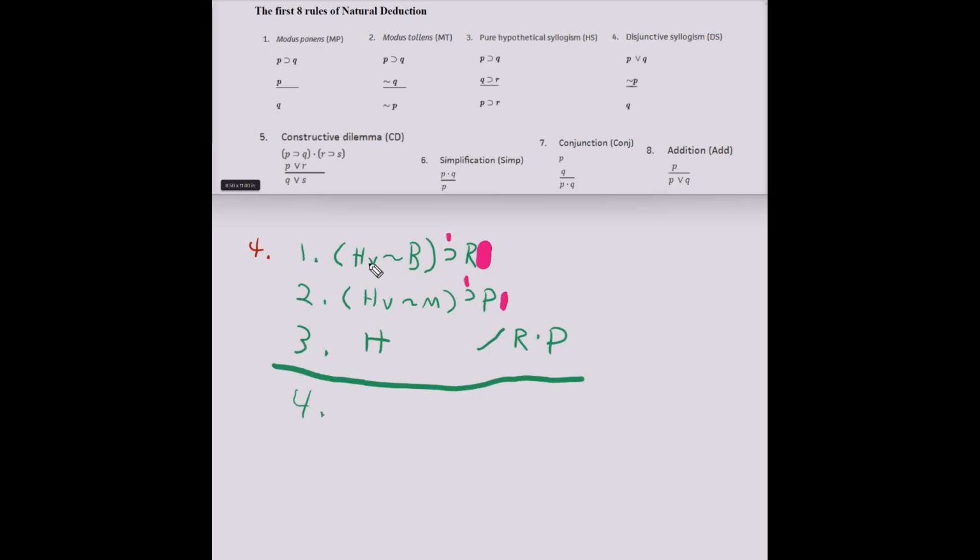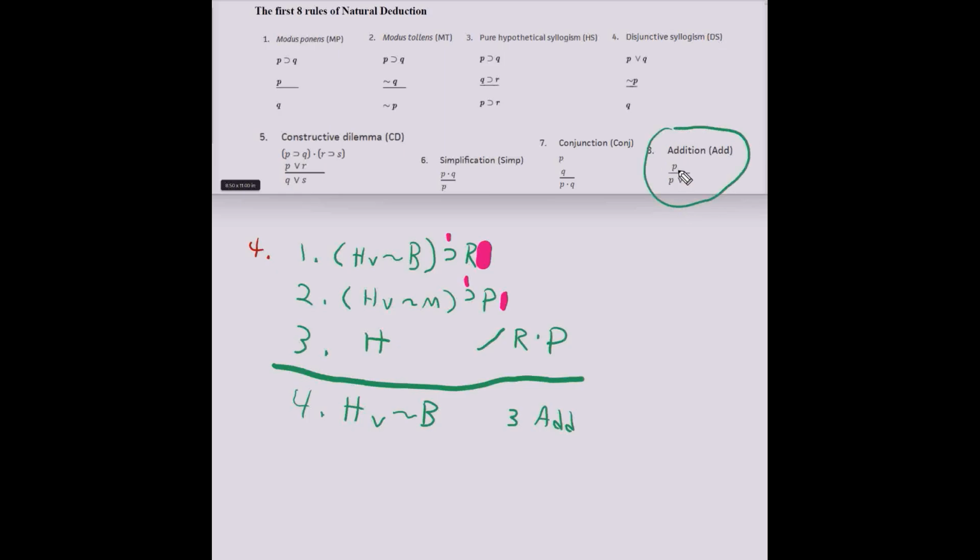So I want H or not B. All I have is H, but I can do H, because that's line 3, or anything I want. In this case, I'll choose not B, and the way I'm going to do that is that's line 3, and that's addition. That's just what addition does, as you remember.